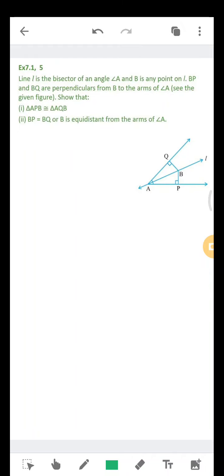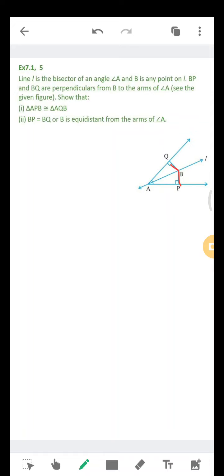So it's given in the question that line L is the bisector of angle A. You can clearly see here in the figure this line L is bisecting angle A, that is, it is dividing angle A into two equal parts, whatever may be the measurement, and B is any point on line L. BP and BQ are perpendiculars from B to the arms of angle A. So what are these BP and BQ?